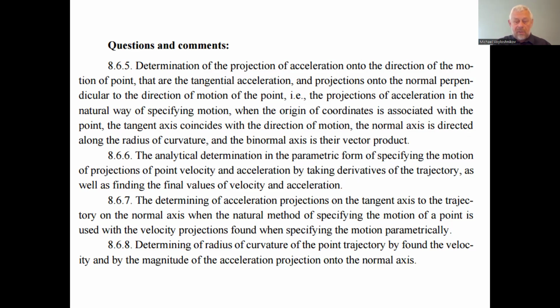This is the definition of the natural way of assigning the motion of the material point if the reference coordinate system is associated with the point, and we have three axes in space. On the plane we have only two axes. The first axis is the tangential axis, another one is the normal axis, and the next one is the binormal axis.